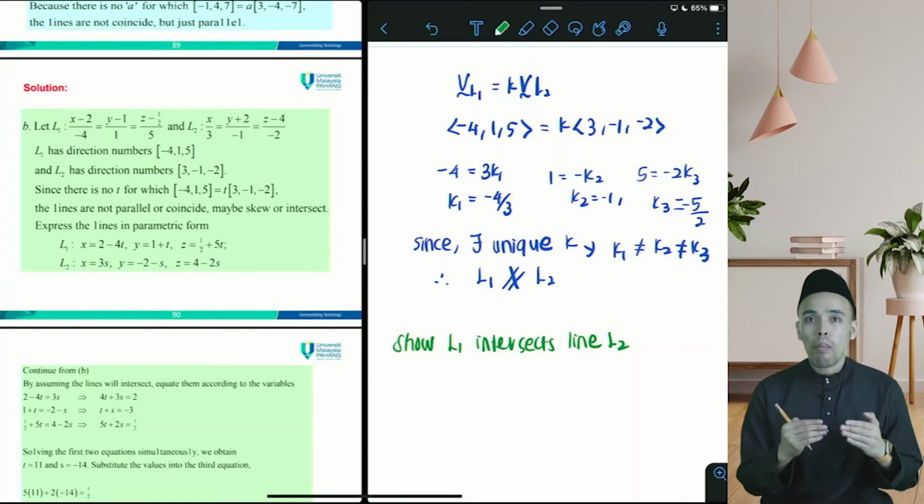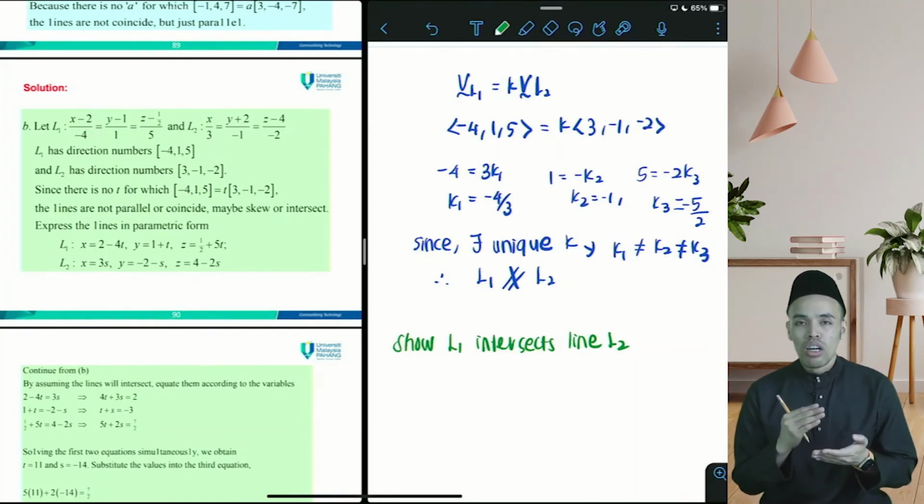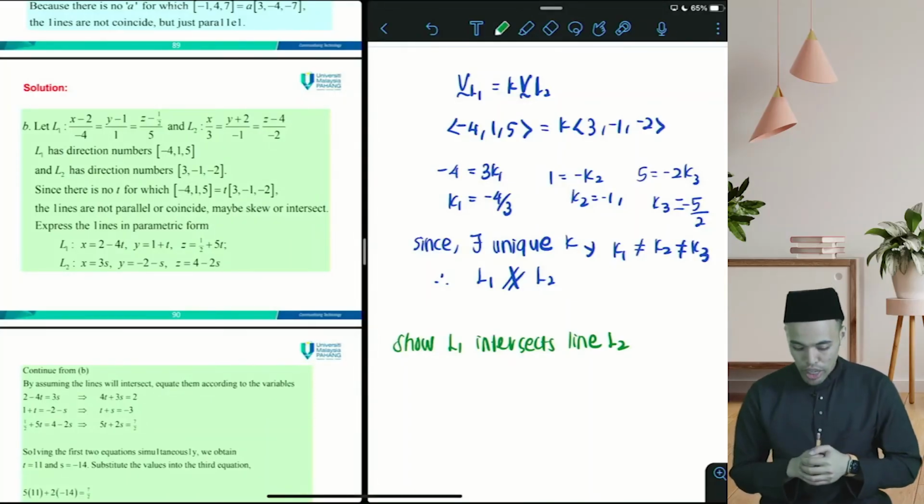So I'm going to compare in terms of coordinate, such as x with x, y from L1 with y coordinate of line L2, and z coordinate of line 1 and z coordinate of line 2.